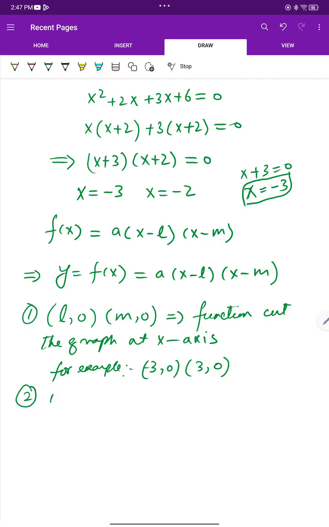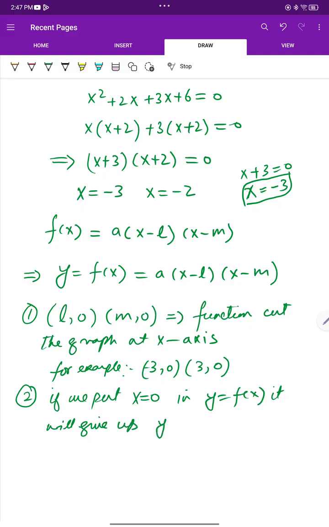The next one: if we put x equal to 0 in the function, it will give us the y-intercept, like this: 0 and y.